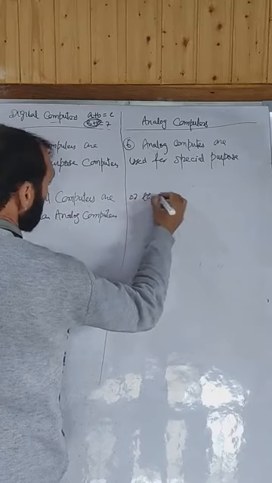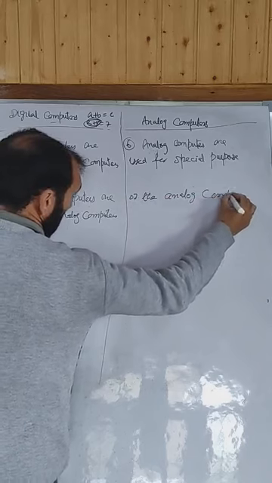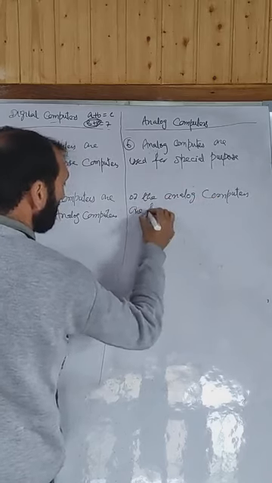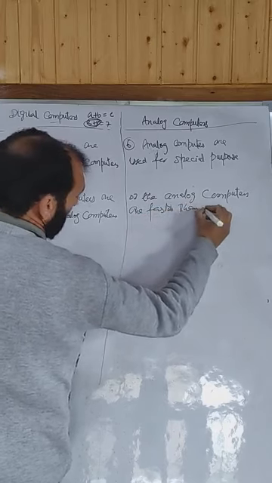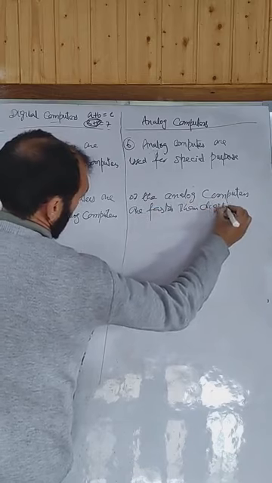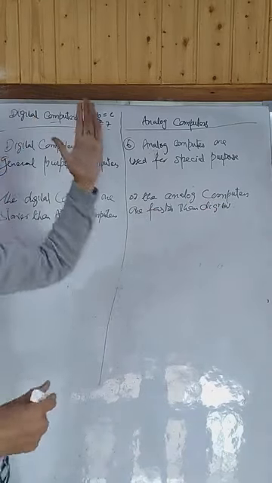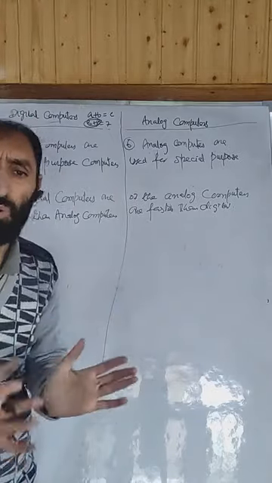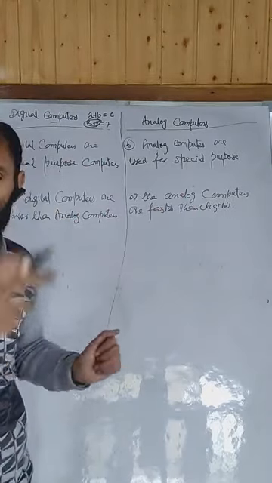The analog computers are faster than digital. So far as the processing is concerned, the digital computers are slower. They perform the computation slower as compared to that of the analog computation.